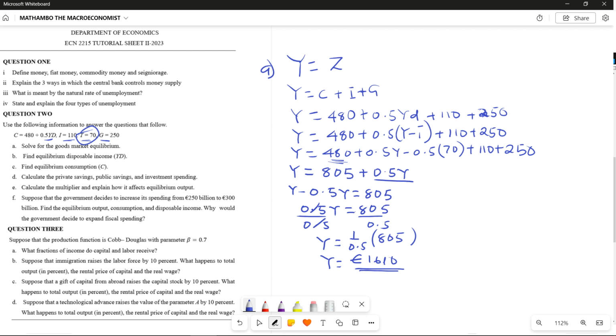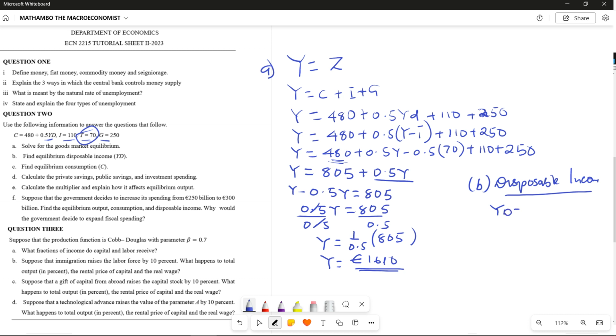And then part B is saying find the equilibrium disposable income, YD. What we know is that disposable income is nothing but the amount of money that is going to remain after tax deductions.